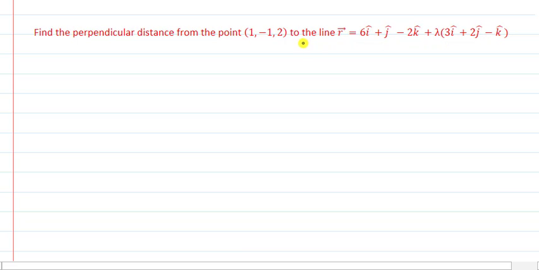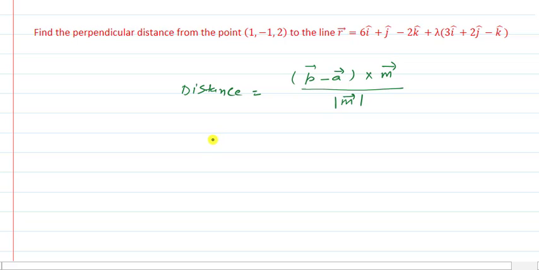It is very important first of all to understand what a, m and p are in the formula that we have used to find the perpendicular distance of a point from the line. Let me write the formula first. Distance is given by modulus of (p vector minus a vector) cross m vector upon modulus of m vector.